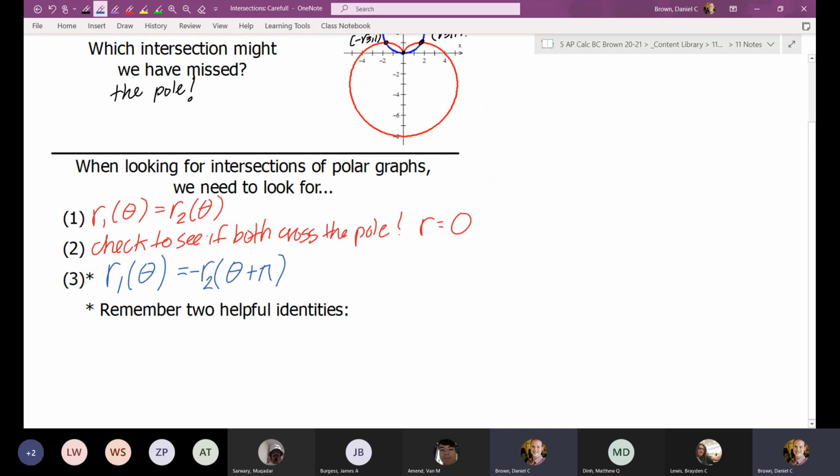And I know that looks really confusing. Short version of this is often the way they word and present problems on the AP exam, that third option is probably not going to be something you have to deal with.